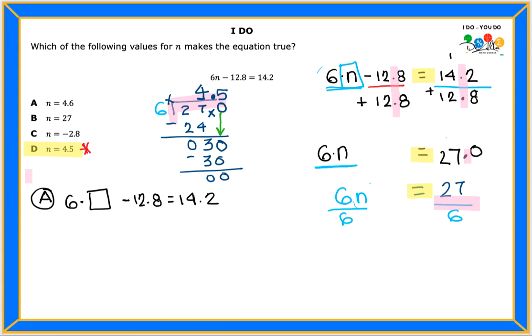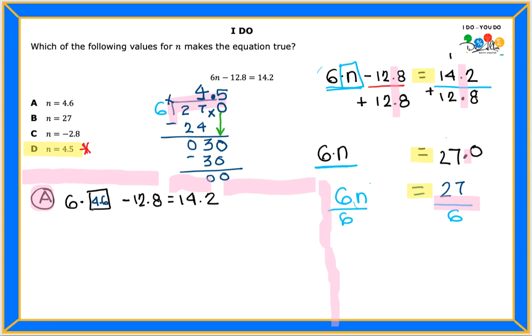And remember, we're doing choice A right here. Just wanted to separate all this process. Okay, so the value we have for choice A is 4.6. So that means that here we should have a 4.6.